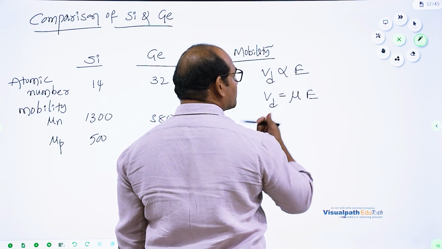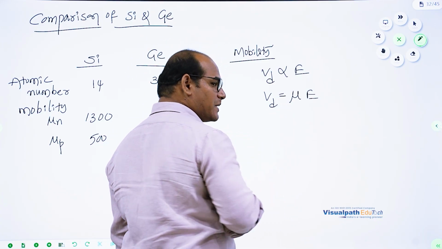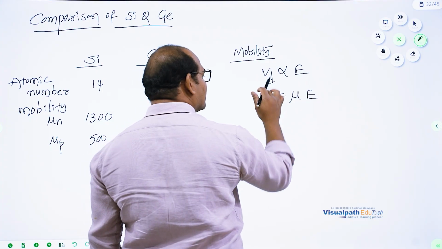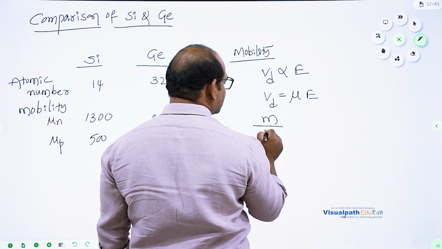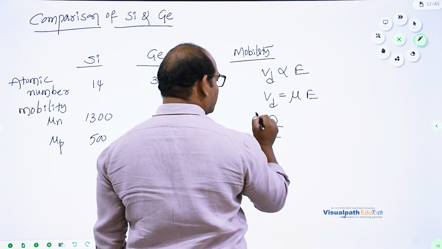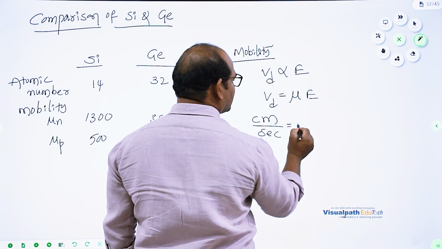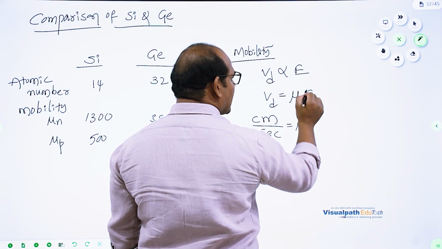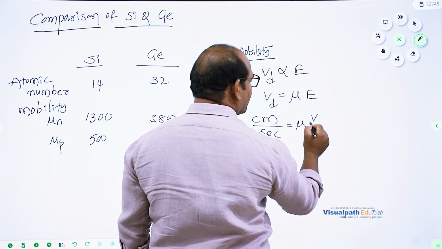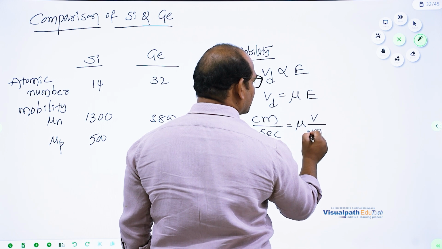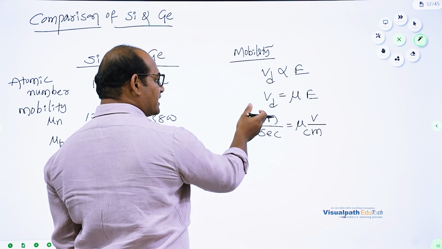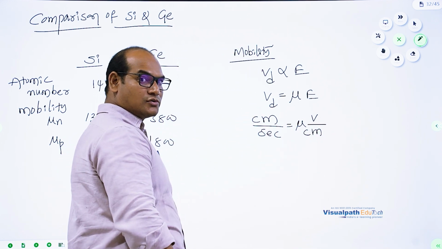Then what are the units of mobility? That is also one of the important questions. The velocity is measured in meters per second or centimeters per second, and the electric field is given by volts per meter or centimeter. As I have taken centimeter here, here also centimeter I have to take.